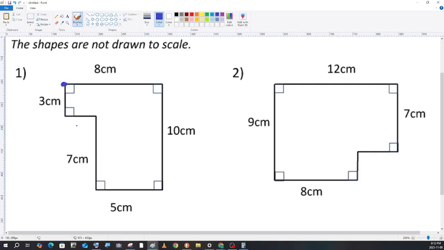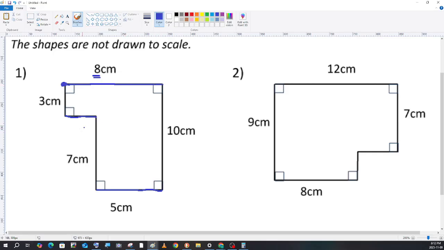We're missing this side here. But we do know that this side, which I'm highlighting in blue, and this other side here that I'm highlighting in blue, together they have to add up to 8 centimeters, which is this side over here.